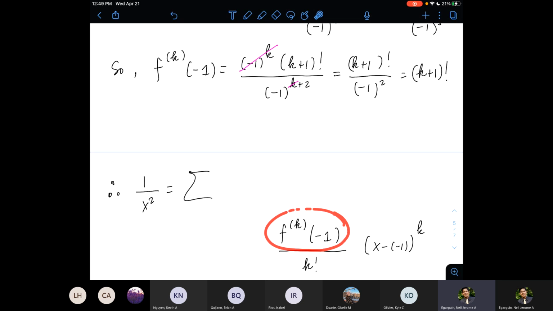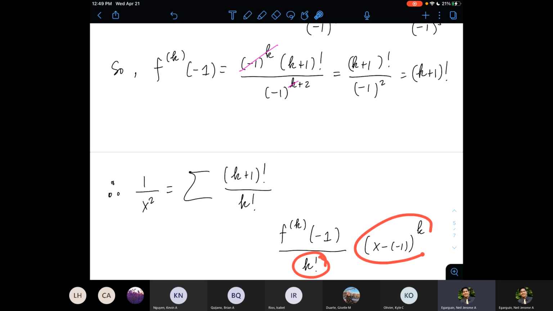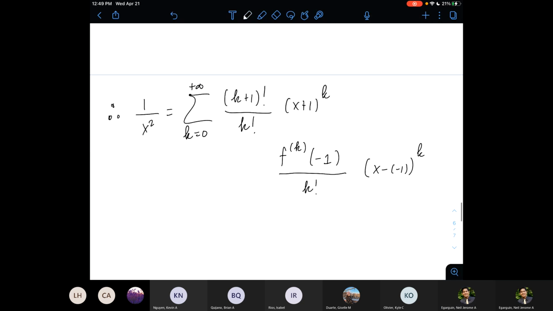F to the upper k at negative 1 is just k plus 1 factorial. So copy that over, and then over k factorial. Where did that k factorial come from? That came from the formula, right? There's an over k factorial. And then this guy simplifies to x plus 1 to the power k, k goes from 0 to positive infinity.